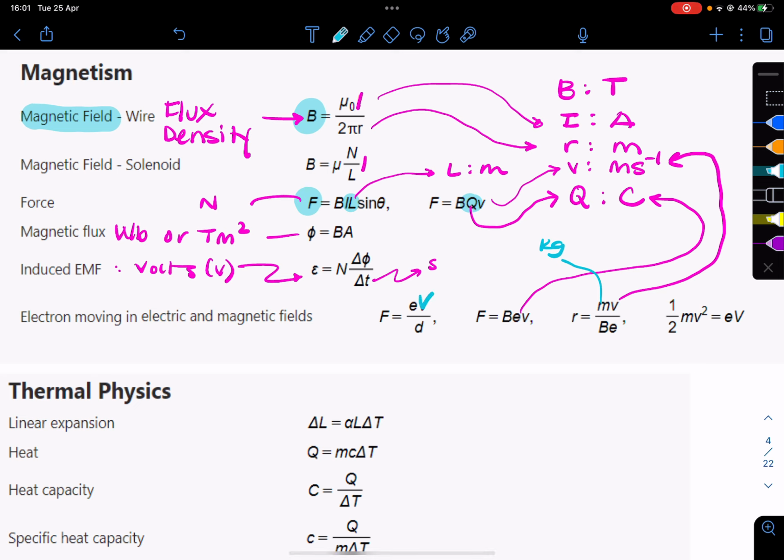This uppercase V here, this V over d, that's your electric field. So V is your potential difference in volts. That's not the same as little v. This is meter per second. This is speed, and this is potential difference. This is when you have two electric plates.